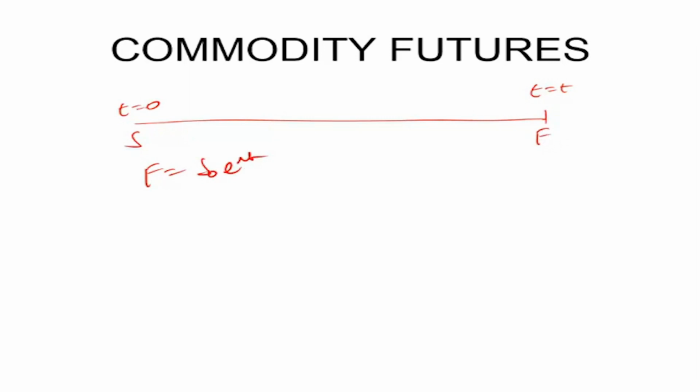However, in the case of commodities, there is one additional complication that comes in. That is, commodities normally will have storage cost. If you buy oil, you buy livestock, you buy agricultural commodities, if you buy them in the spot, then you have to store them somewhere and you have to make sure it's a good facility, because these things can go bad.